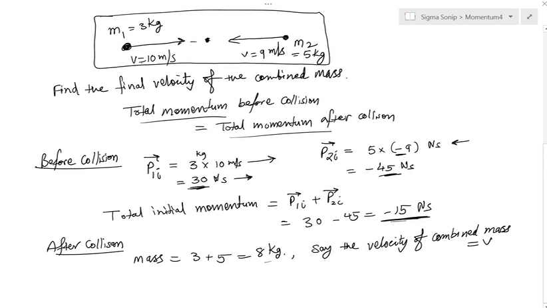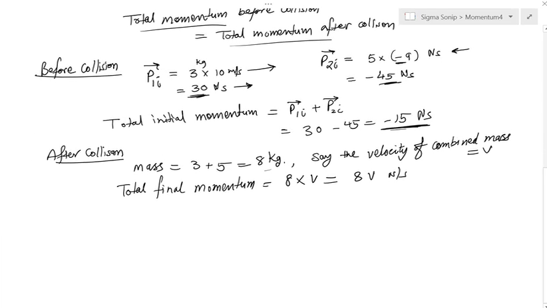So the total final momentum is equal to m times v, which is 8v Newton seconds.